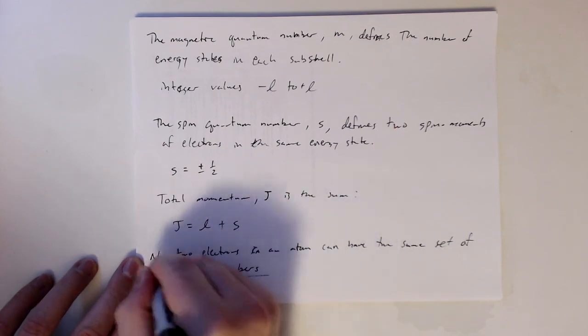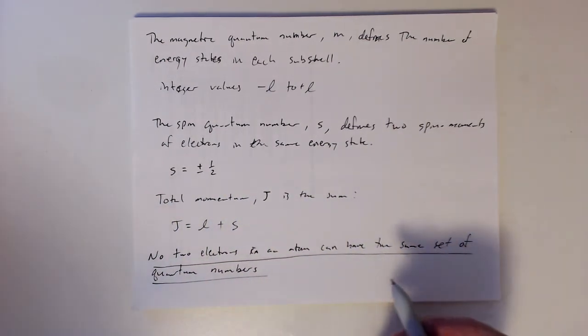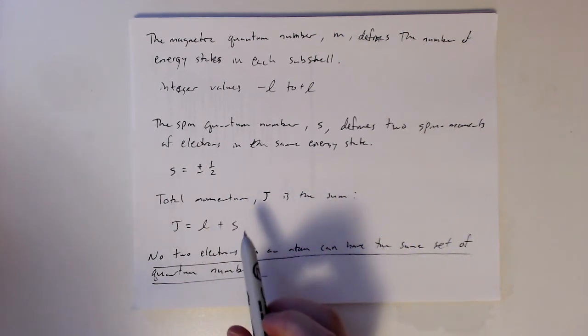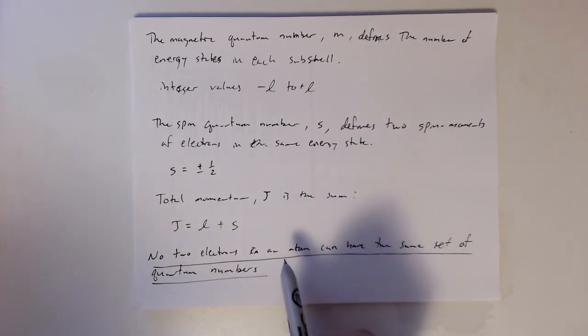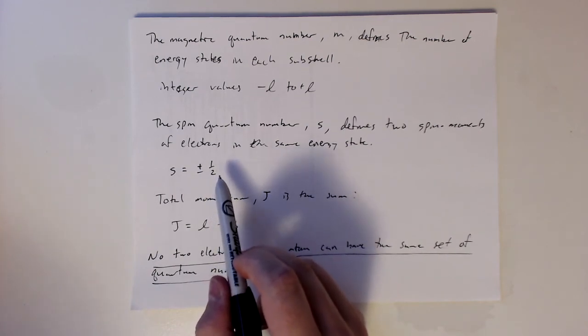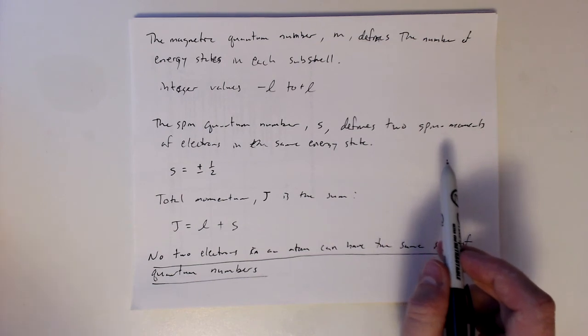This is a very important principle to quantum mechanics and these selection rules as well. If you have an electron and you define its 4 quantum numbers, another electron can't have those same numbers. It can get close, but we have the spin quantum number to say that there's a different spin moment.